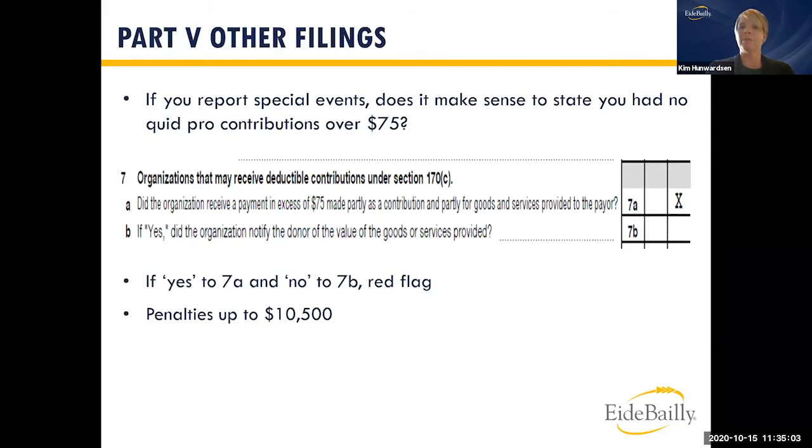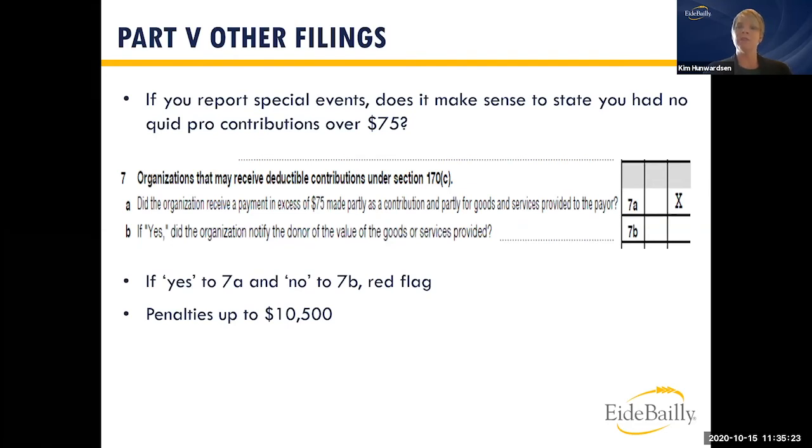Here's another example. If you have special events, there's a question that asks, did you receive a payment in excess of $75 made partly as a contribution and partly for gifts and services provided to the payer? This is the quid pro quo concept. We see this with special events.